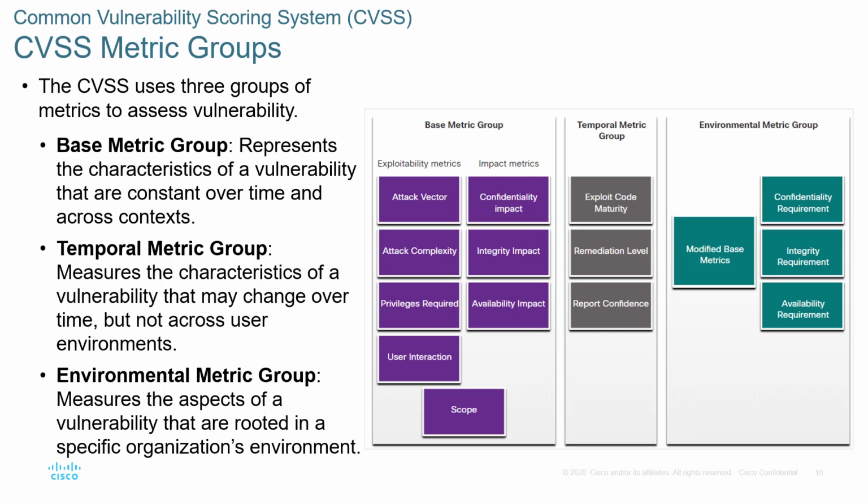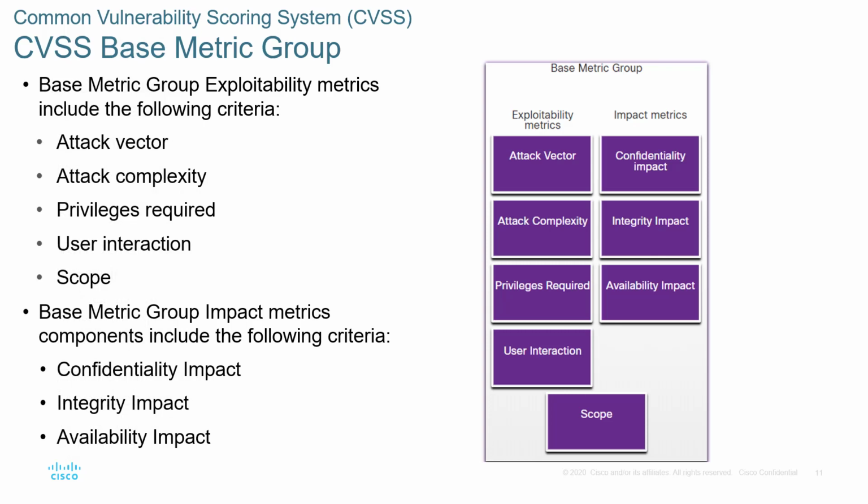Confidentiality versus confidence when we're looking at a certain level of confidence in data availability. So that breaks down our three main metric groups within the CVSS. So again, if we're looking at the base metric, that's going to be our vector, our complexity, our privileges, our interactions, our scope, as well as our impacts for CIA.